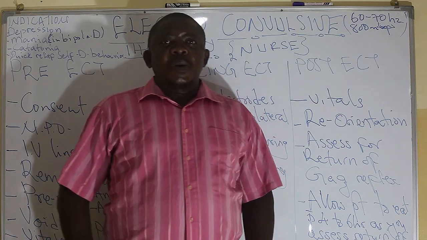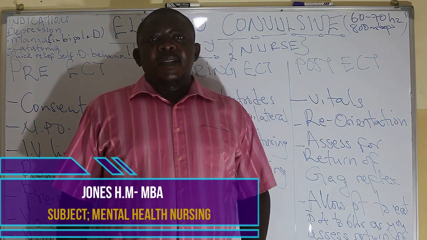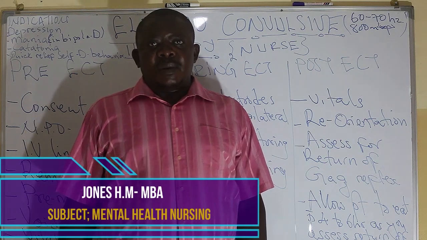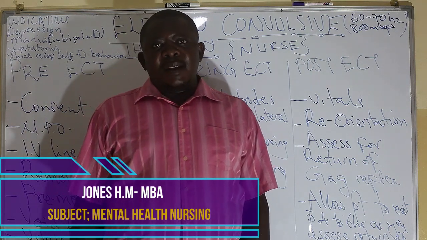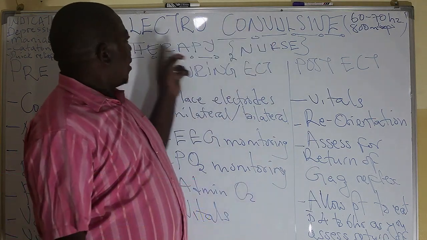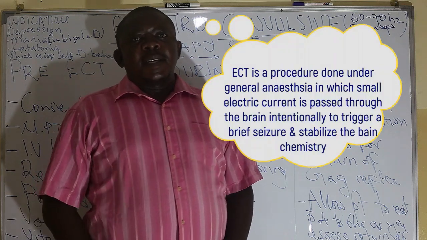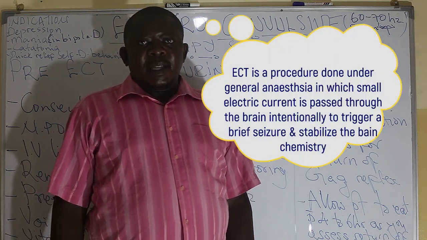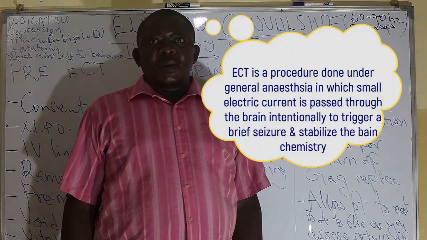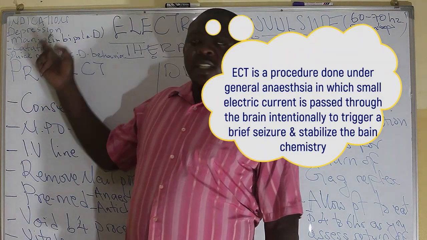Alright, today we want to look at electroconvulsive therapy, or the use of electric shock in order to offer some kind of therapy. Electroconvulsive therapy is a type of treatment used in mental health nursing for patients with depression.